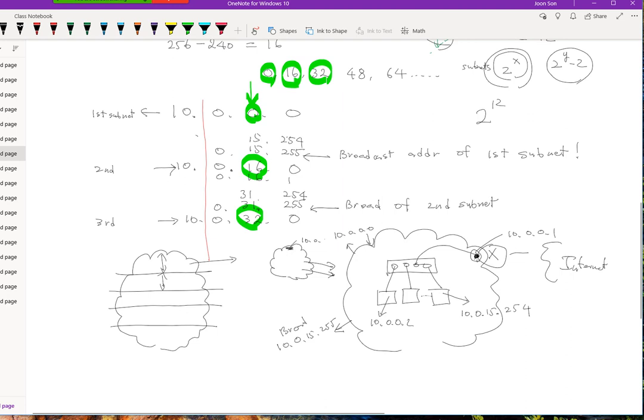We can create 4,000 of them, roughly. 4,000 of these. Without subnetting, we can only have one big network, right? But with the subnetting, how many of them? We can create about 4,000 of these networks with the subnetting.